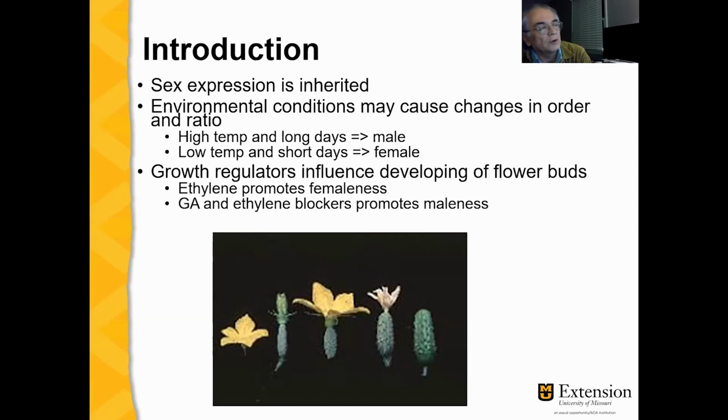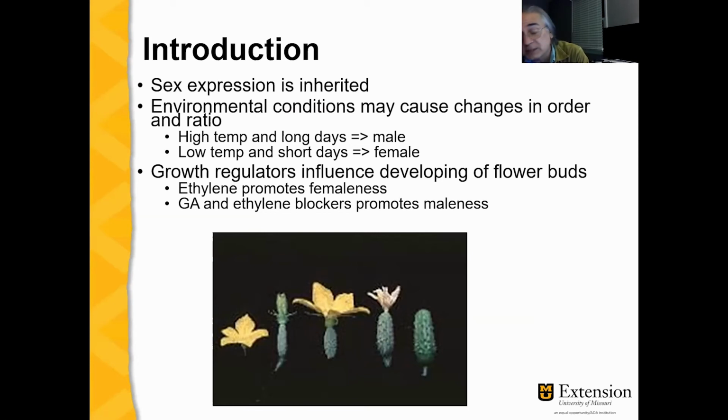And these growth regulators are actually influenced by the environmental conditions too. So that's how it works: the environmental conditions affect the plant, which responds with the growth regulators, and that's how it changes the maleness or femaleness of the flower.